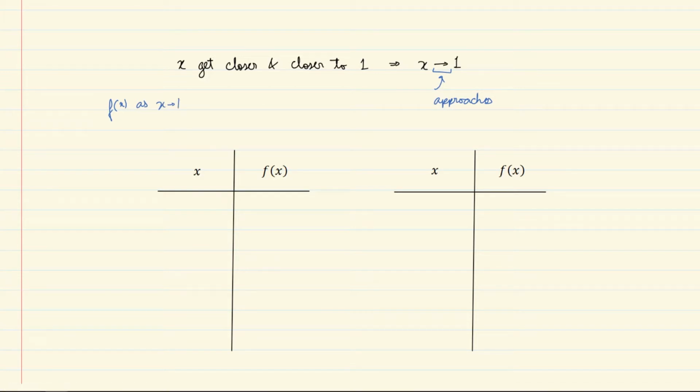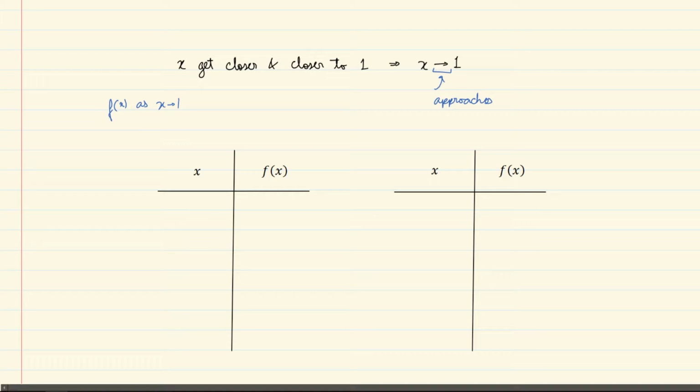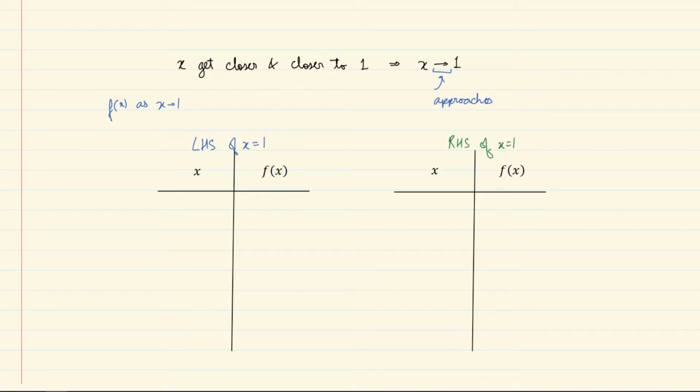We're going to do that from two different sides of x is equal to 1. So first we're going to do it from the left-hand side of x is equal to 1, and then from the right-hand side of x is equal to 1.